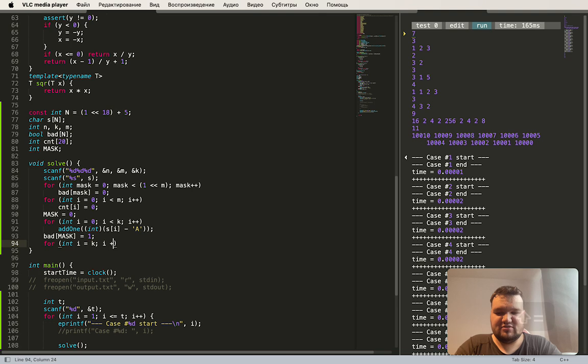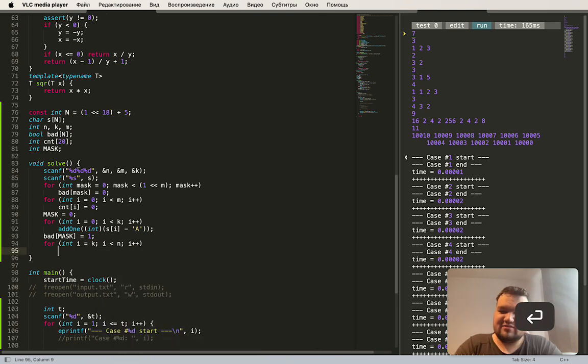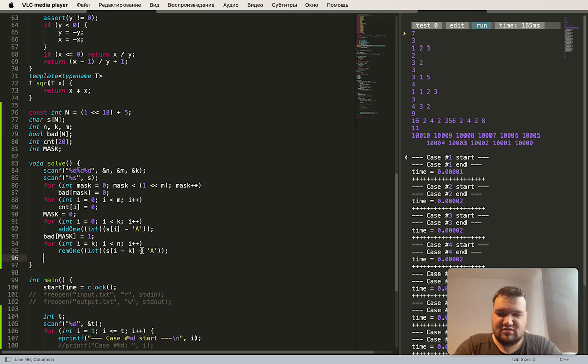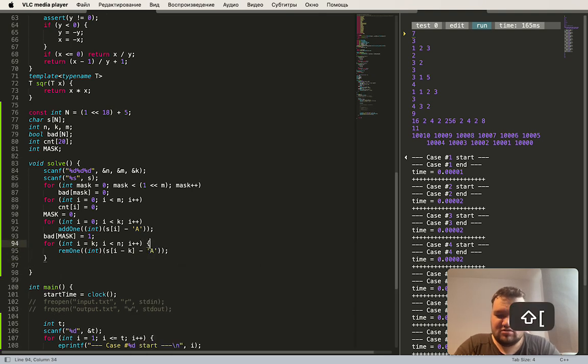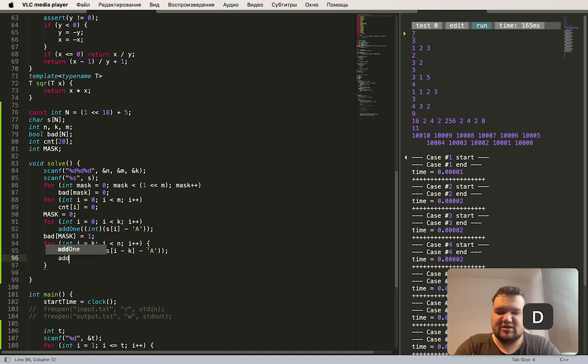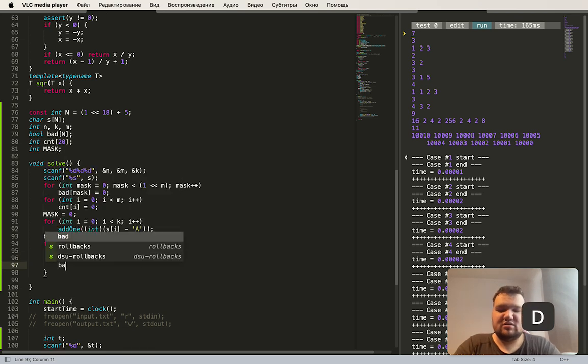And then we slide the window. Right, so we remove the character that was removed from the window. We add the character that was added to the window, and mark the mask as bad.